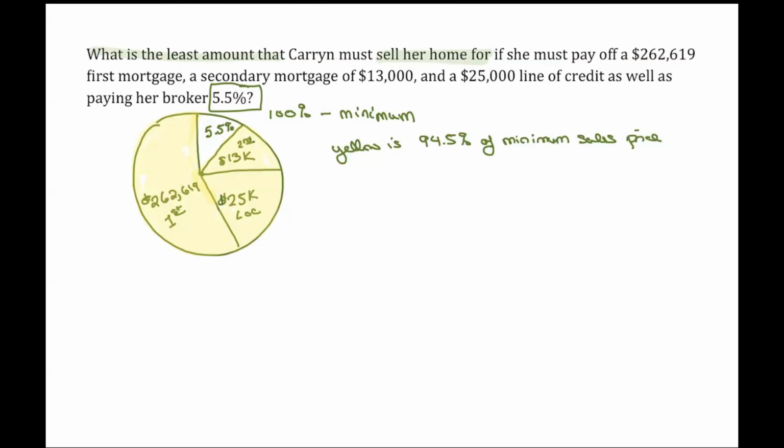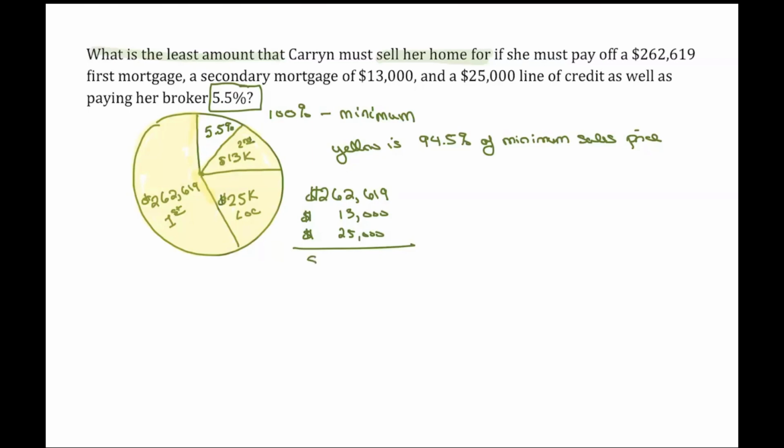Well, we're going to have to add up everything, all the amounts that are needed. We got the 262,619, we got the 13,000, and we have the 25,000. So let's both do that math. 262,619 added to 13,000, plus the 25,000.